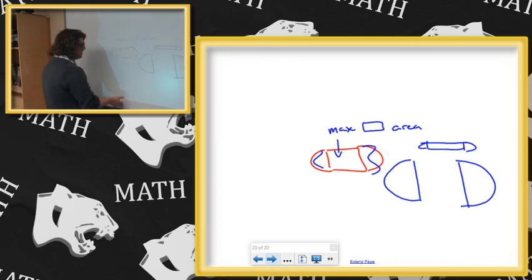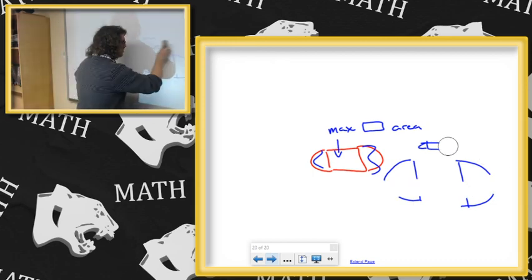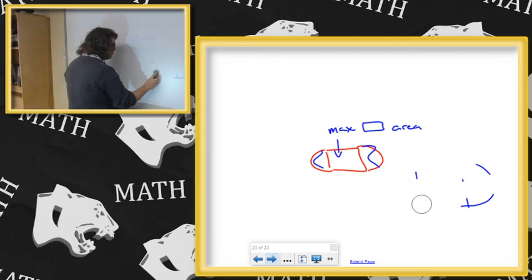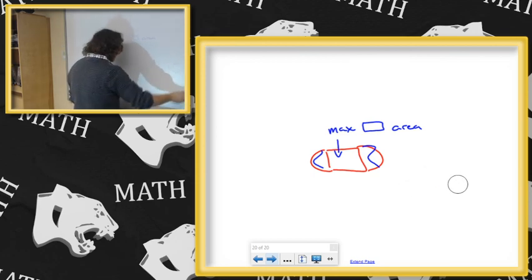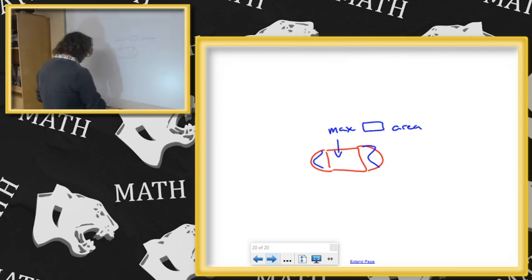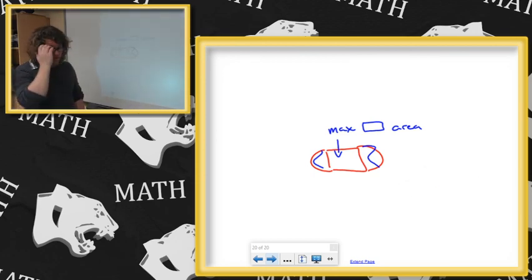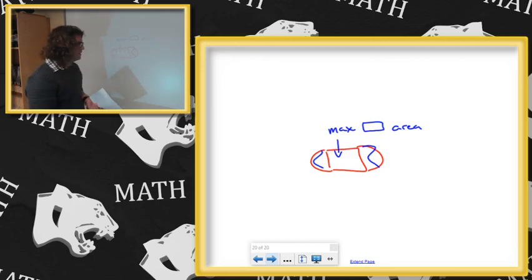So we have to have that semicircular shape on the ends. All right, so that makes sense as to why you wouldn't just be able to make the rectangle be the only thing. I guess even if it were the only thing, it'd still be a max because you only have 2 kilometers of track. So let's go ahead and set up some variables in here.